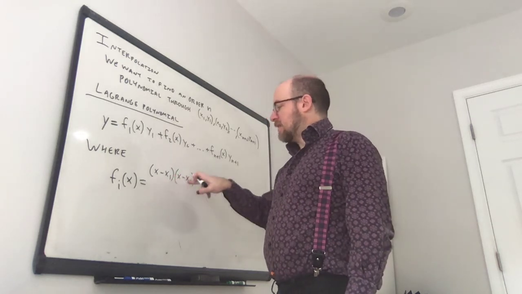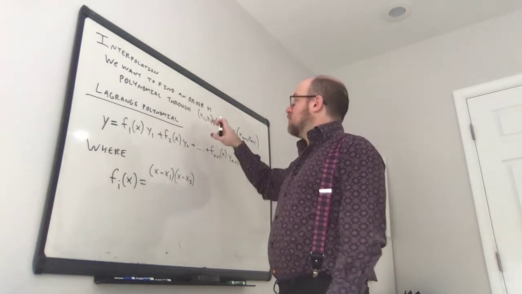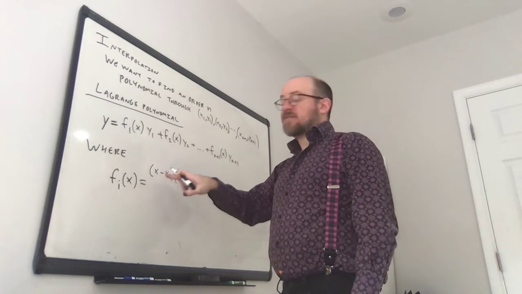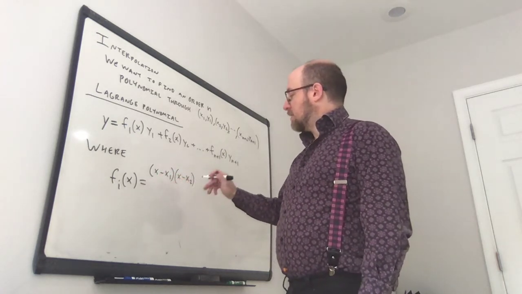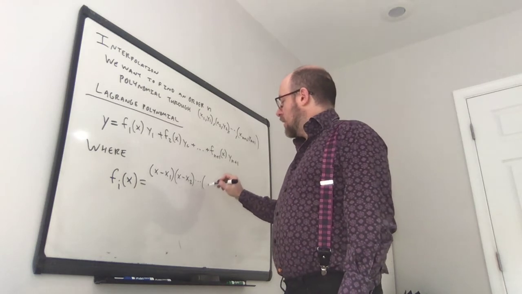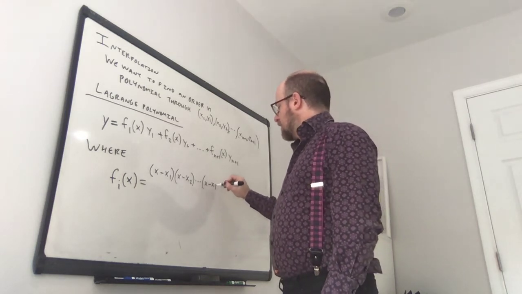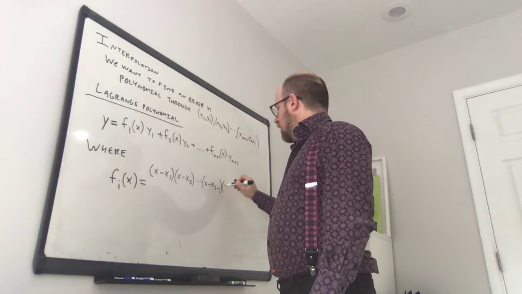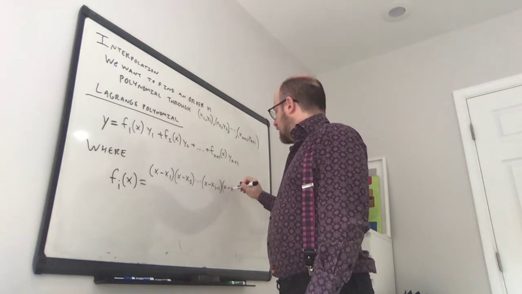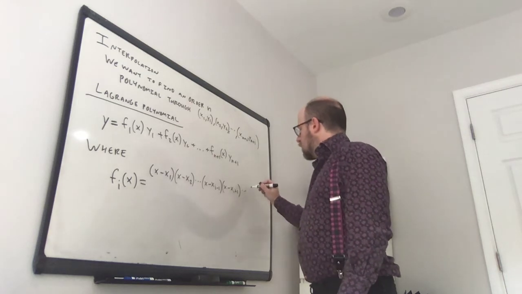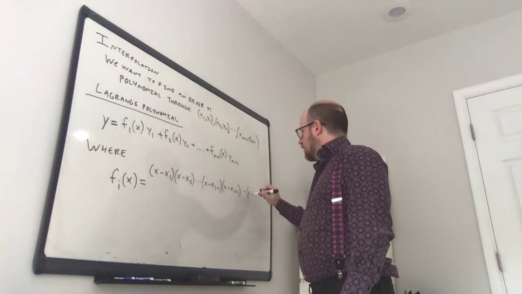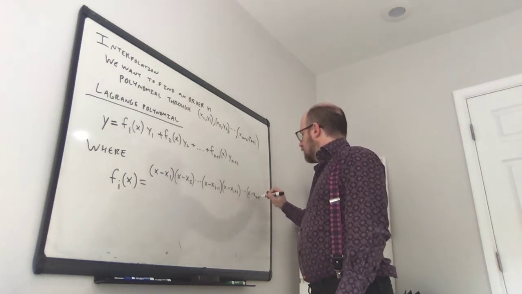Here, these x1, x2, those are your data points. X is your variable, okay? So x minus x1, x minus x2, all the way up to x minus xi minus 1, x minus xi plus 1, and then so on to the last one, x minus x n plus 1.